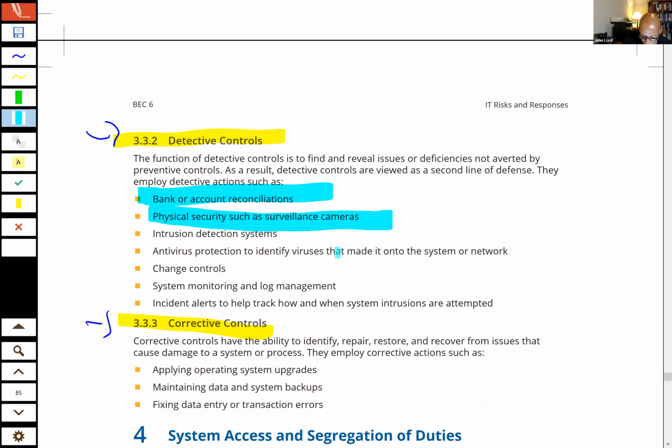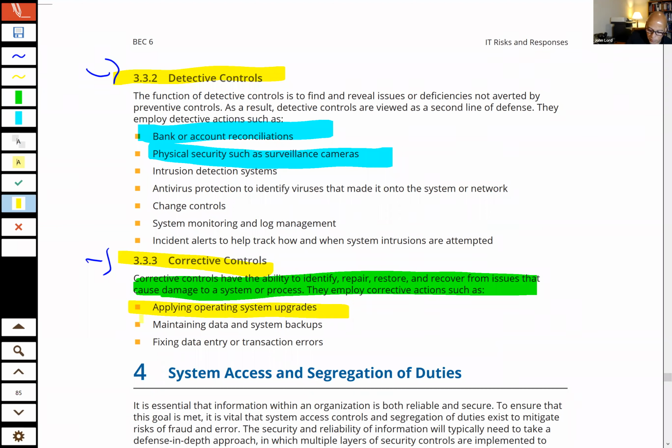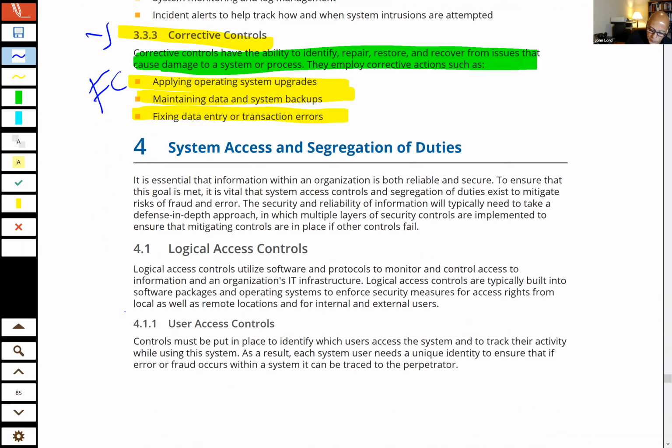Corrective controls now, and let's go ahead and flashcard some of the corrective controls because that's something that's a little bit different, okay? So examples of corrective controls: applying operating system upgrades, maintaining data and system backup, fixing data entry or transaction errors, okay? And so you can just go ahead and flashcard some of the examples of corrective controls. Coming over, okay, system access and segregation of duties, and you can have logical access controls.